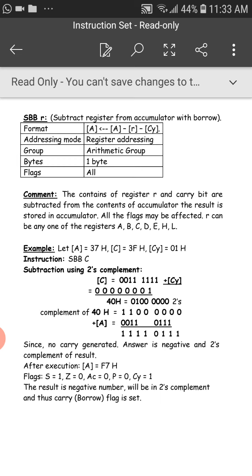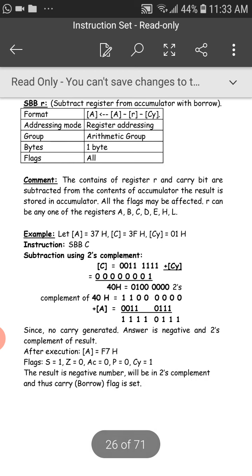So you will get the desired output, that is 40H, and then the 2's complement of 40H. Since no carry is generated, the answer is negative, and the 2's complement of the result after execution, A is equal to F7H.